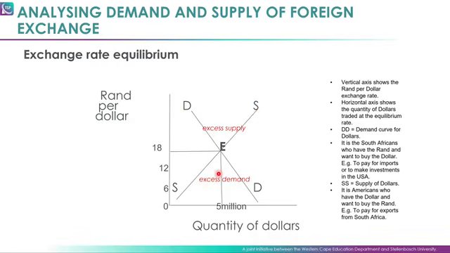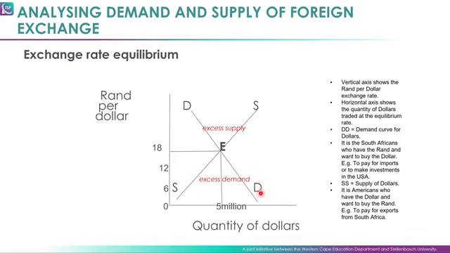So in this graph now, what do we find here? There's your demand curve, DD. There's your supply curve, SS, okay? And so the South Africans want to spend or buy American products or make investments in America, so they are wanting to buy the dollar, which means they are demanding the dollars, right?